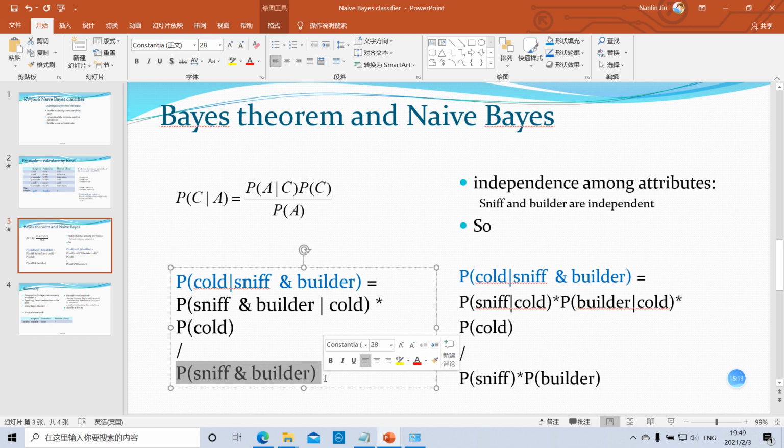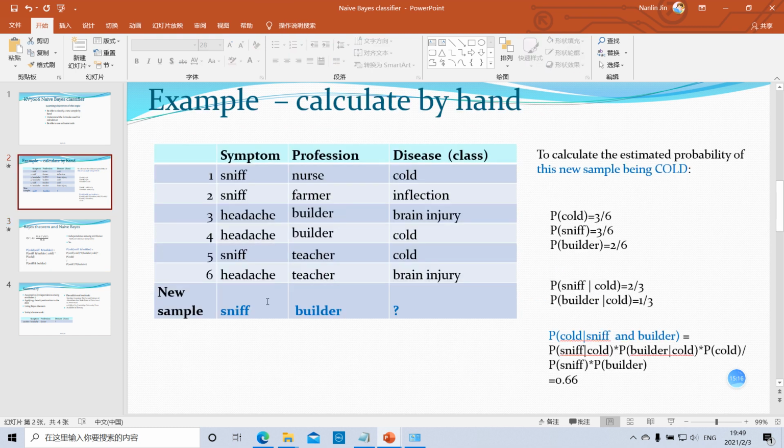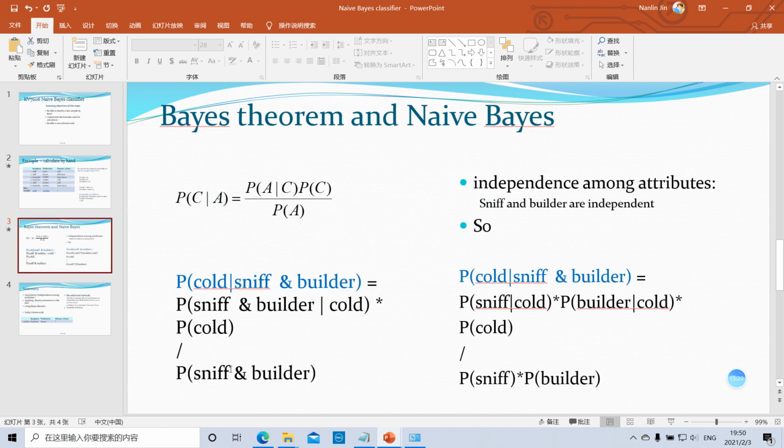The reason is that in our previous records, we didn't have any record like that. So we have to use a different way to calculate in this case, because we assume that sniff and builder are independent. So I think we know what dependent means in terms of data mining.